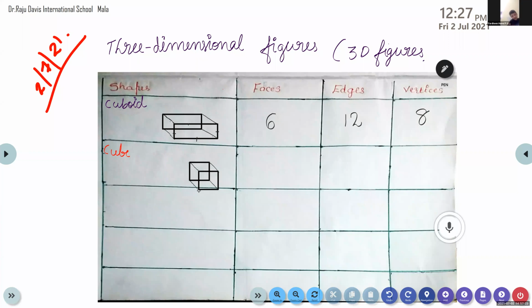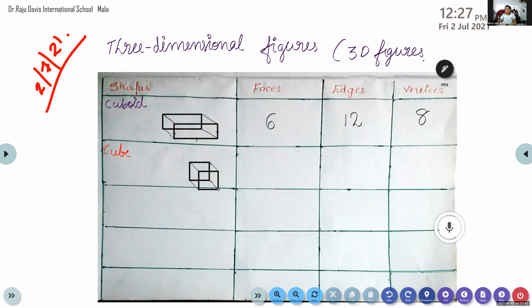How many edges? Only 4 edges. For one square, 4 edges will be there. Like that, how many squares are there? So, 12 edges.